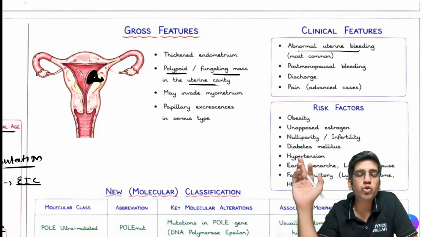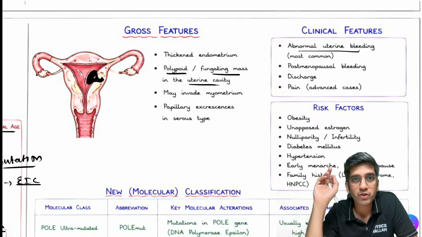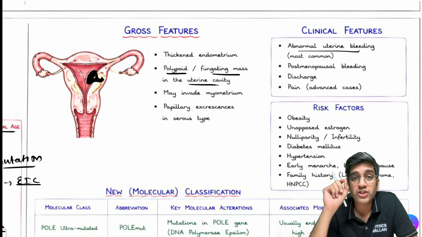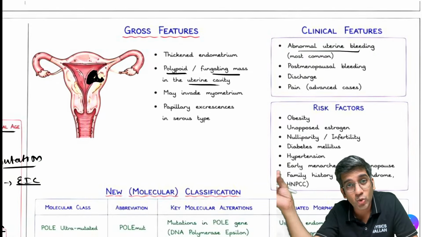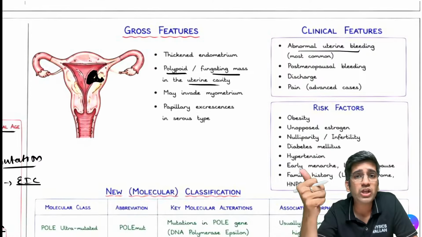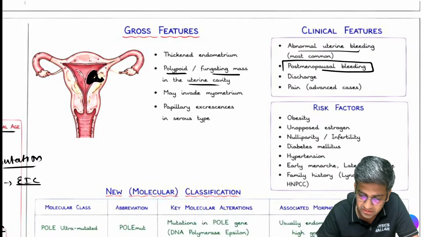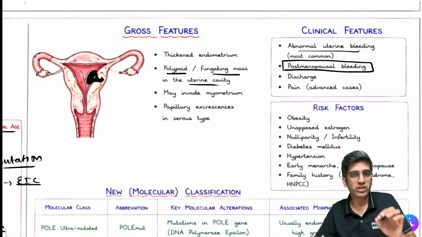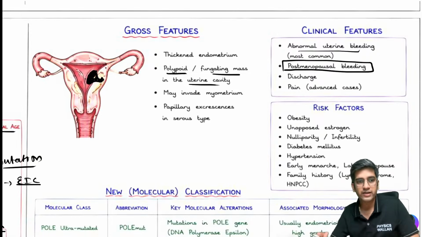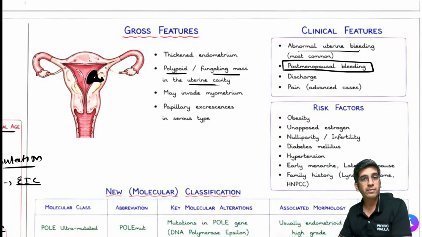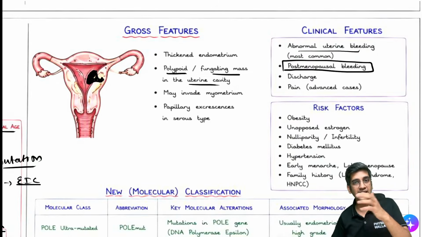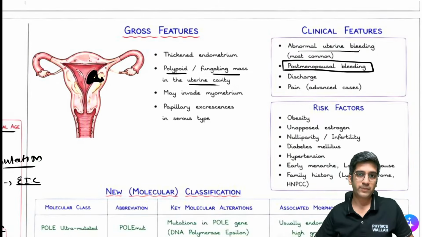They have to go and visit a doctor, because after menopause a spot of blood means something is growing into the cavity, which can be a polyp, which can be cancer. Abnormal uterine bleeding, and the most important is post-menopausal bleeding. Post-menopausal, it should not bleed. During menopause, yes, there will be intermittent bleeding. After attaining menopause, if it bleeds, it's abnormal, right?